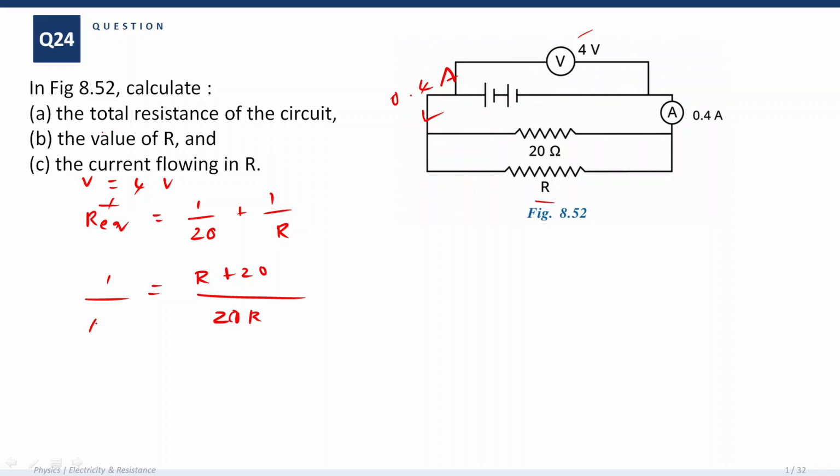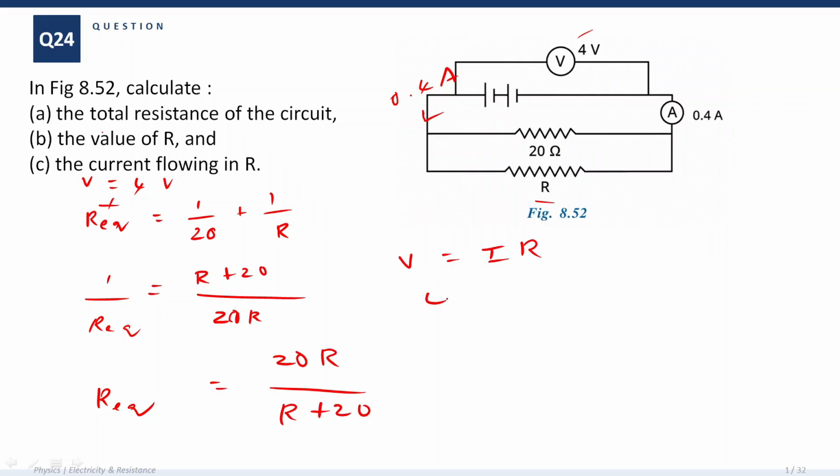So R equivalent equal to 20R by R plus 20. Using Ohm's law, V equal to IR.